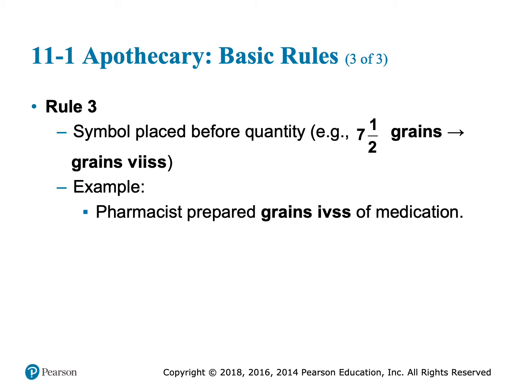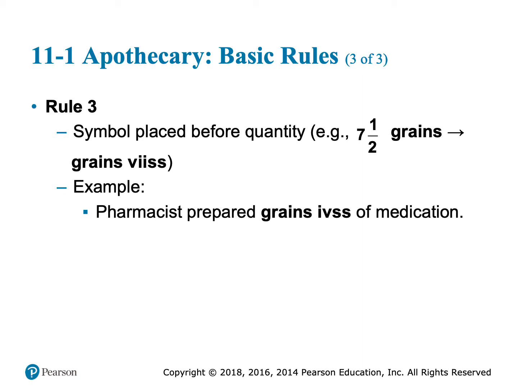Another example would be the pharmacist prepared grains IVSS of medication, which would be 4.5, right? The I coming before the V means 4, and then SS means half. Grains can also be abbreviated as GR.